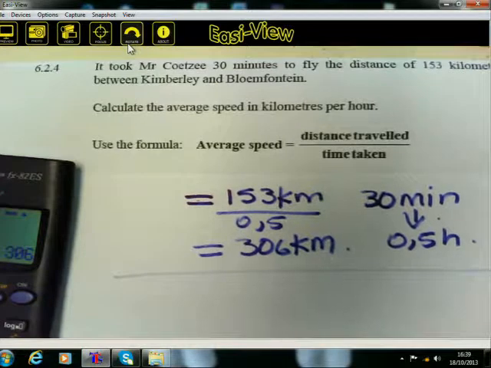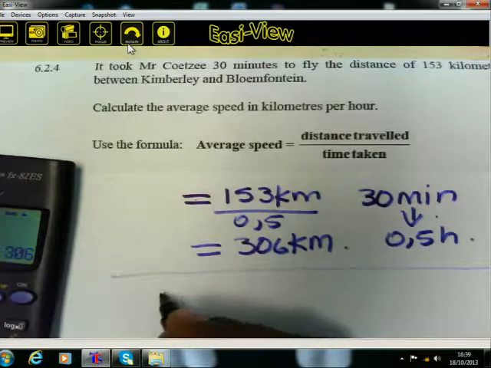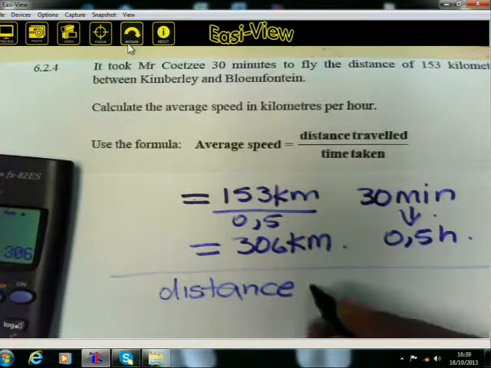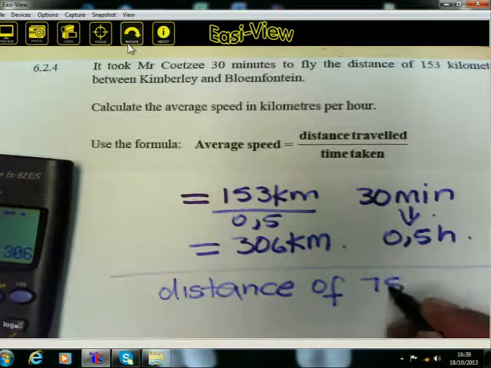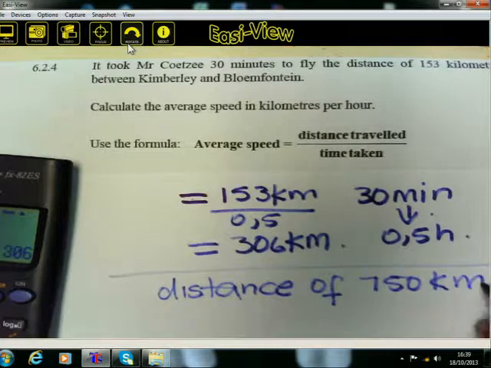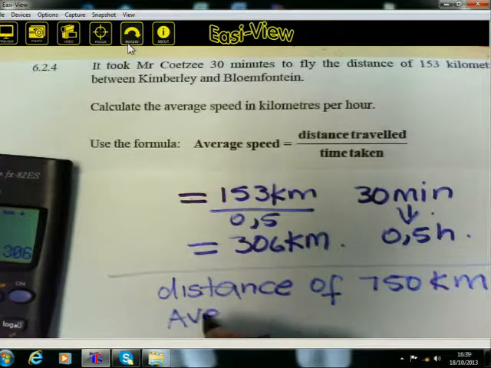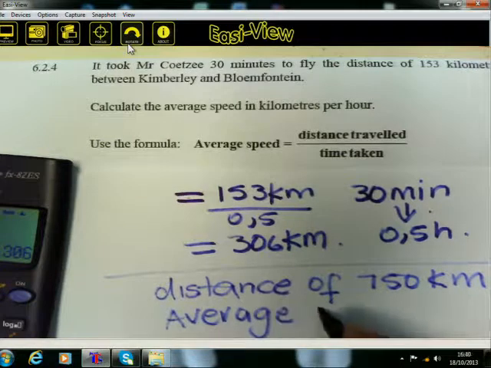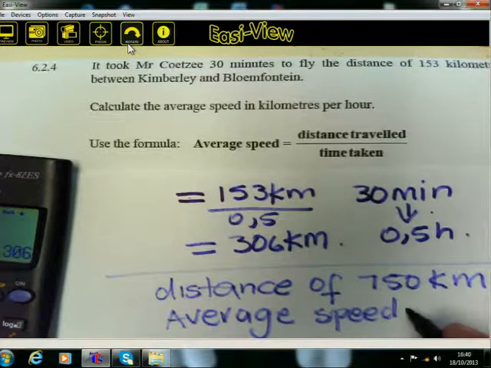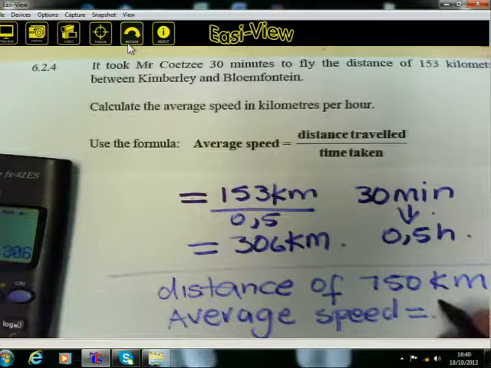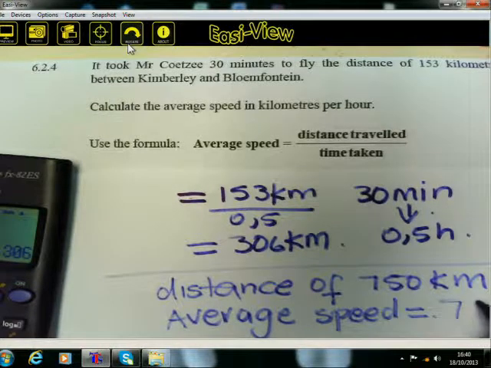Let's say he traveled the distance of 750 kilometers at an average speed of 175 kilometers per hour.